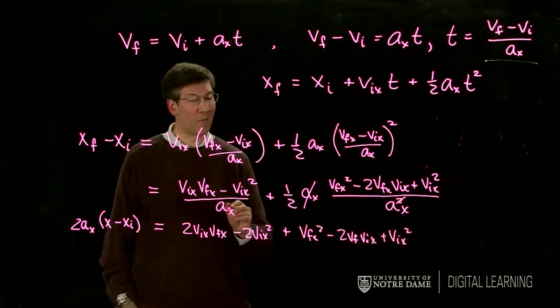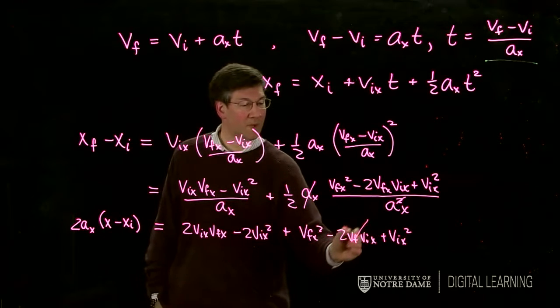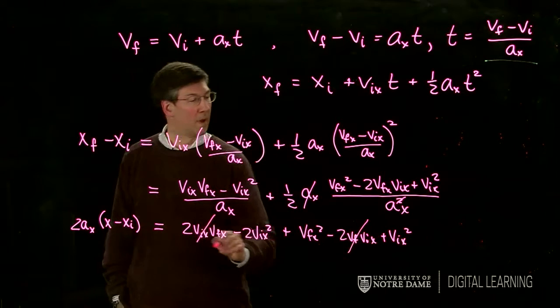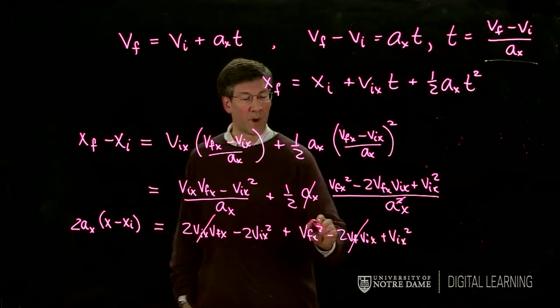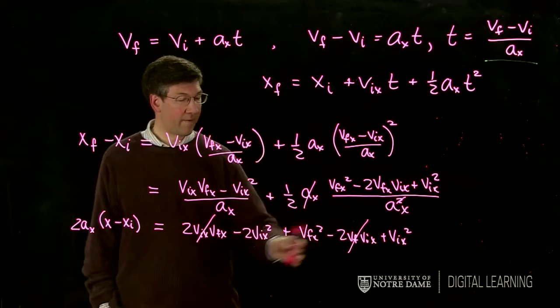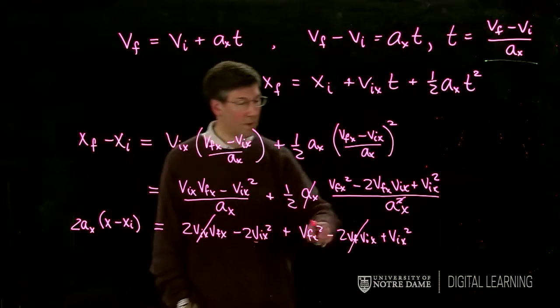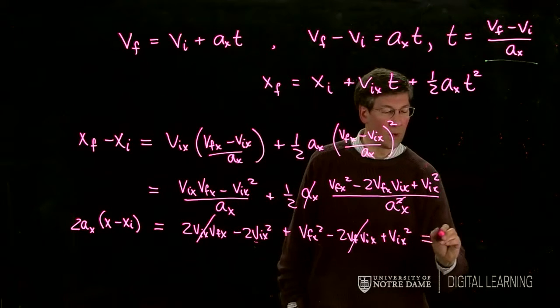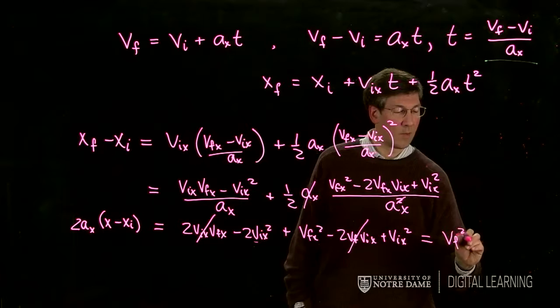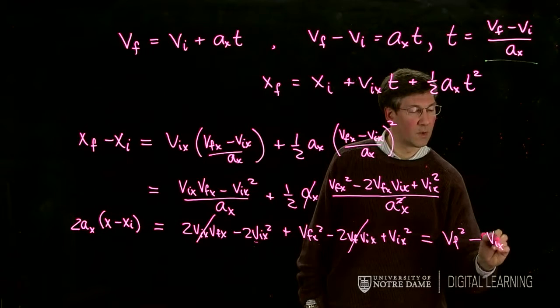So some nice things happen. These terms cancel out. I have a v final squared here, and I have a v initial squared and a minus 2 v initial squared. So this whole thing simplifies to v final squared minus v initial squared.